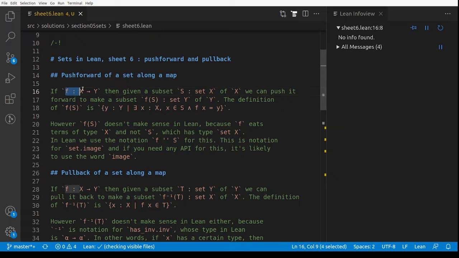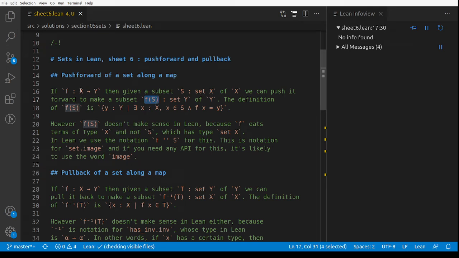We've got a function from X to Y. And then given a subset of X, we can push it forward and get a subset of Y, right? And mathematically, we often write f of s. You may have seen this before.